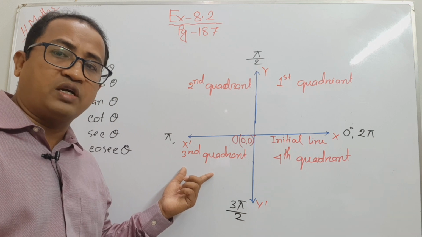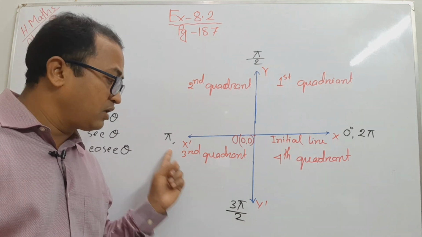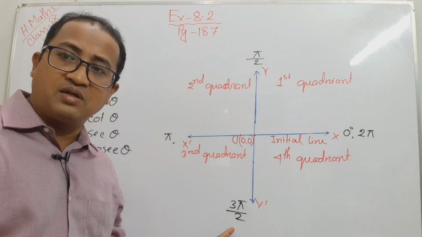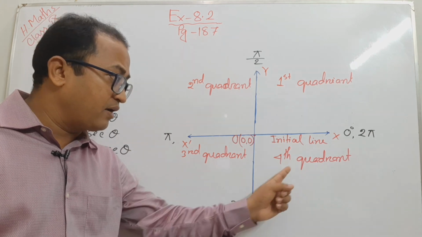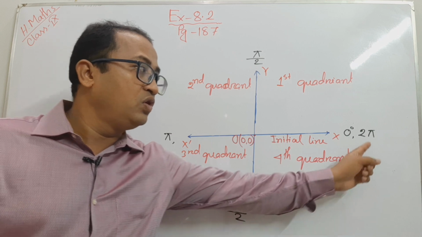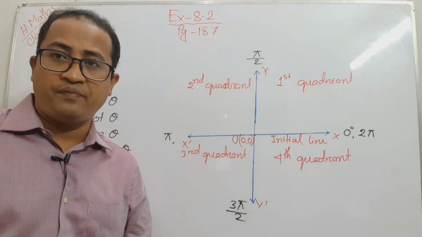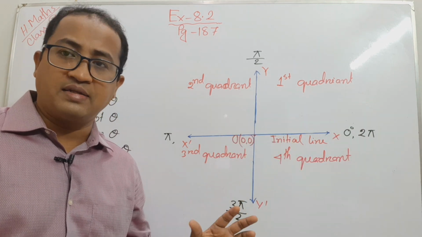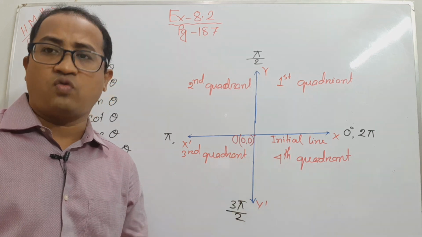The range of the third quadrant is 180 degree to 270 degree. And the range of the fourth quadrant is 270 degree to 360 degree. These are the ranges of the 4 quadrants.